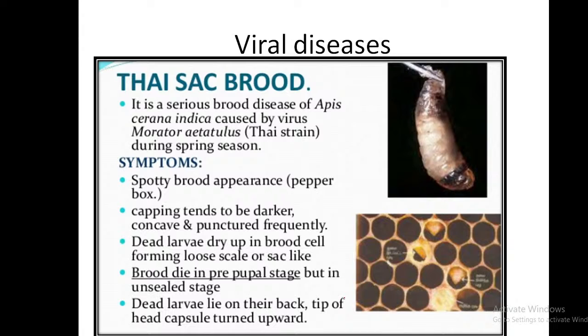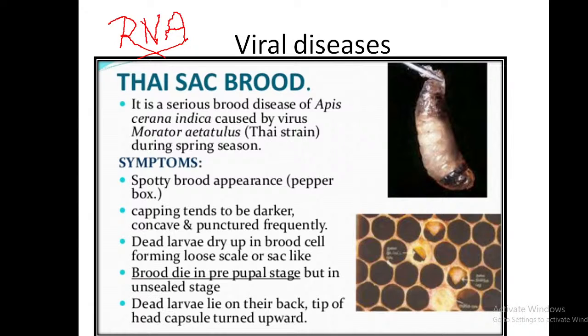Out of those, the viral disease is very dangerous, and usually the viruses which affect honeybees are RNA viruses. The genetic material of the viruses which infect the honeybees is RNA, and it causes severe damage to the honeybee colony.